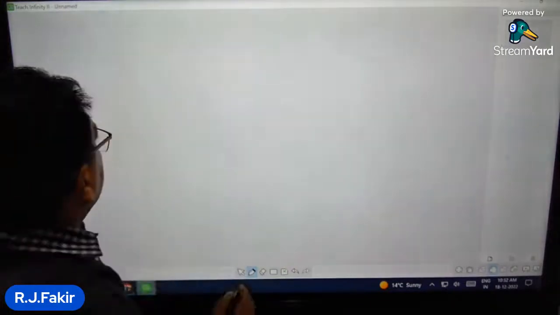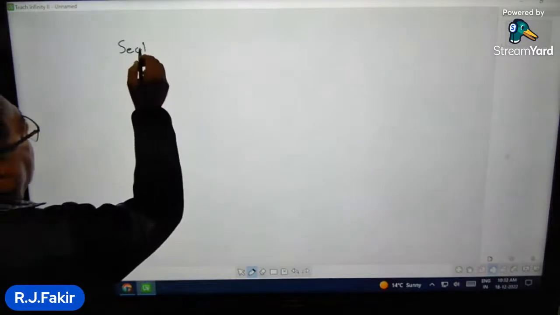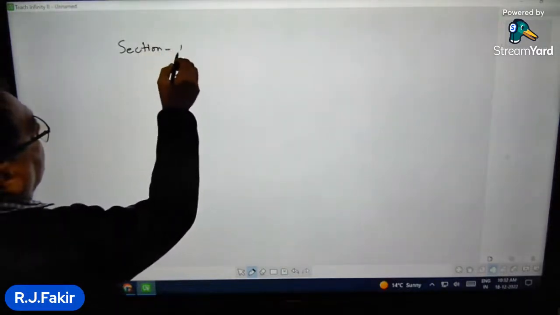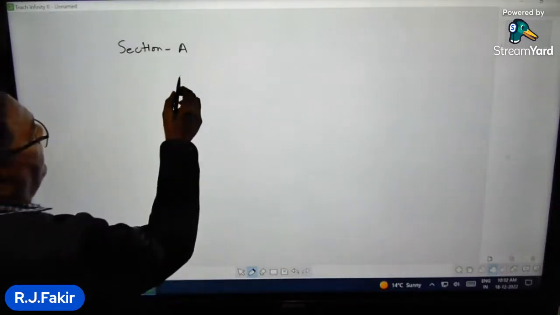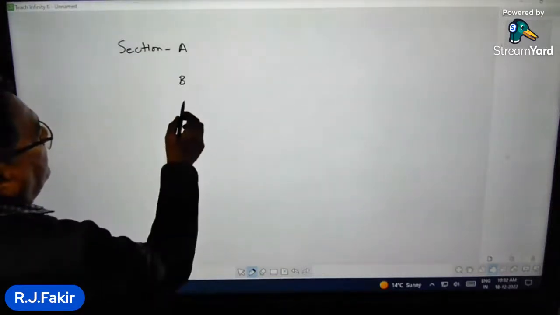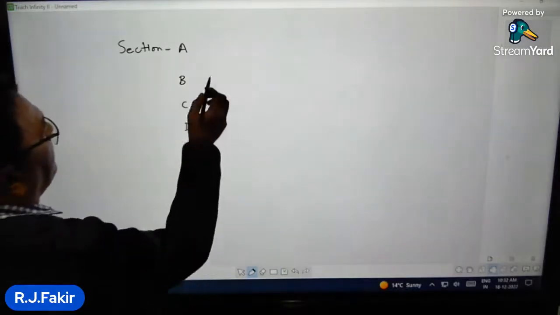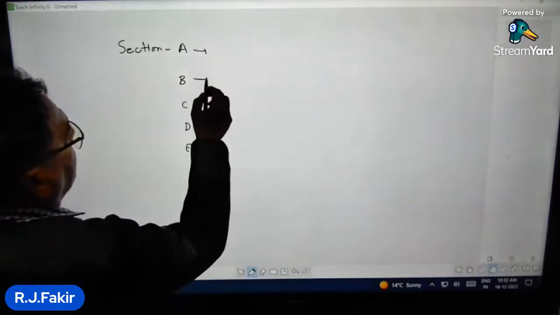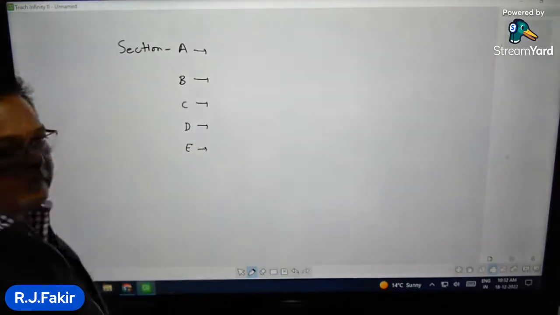Now the first section is section A. Then you have sections B, C, D and E. So in total there are 5 sections.